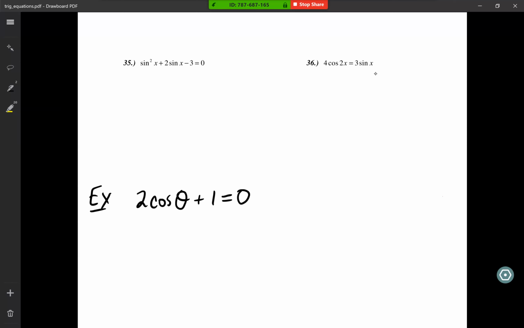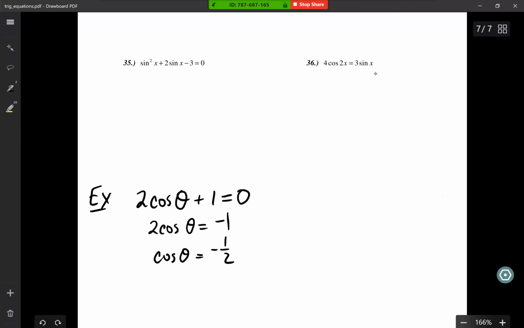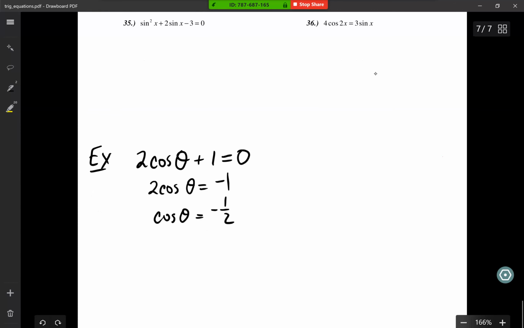So just like the previous ones that we did, I'm going to get cosine by itself. So we'll subtract the 1 over and divide by 2. So we're looking for angles that give us a cosine that's equal to negative 1/2.